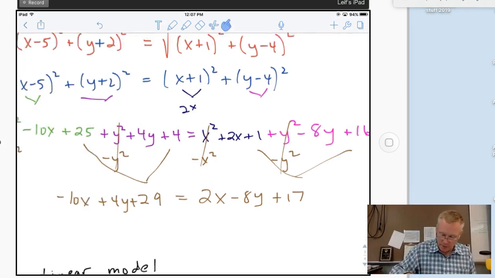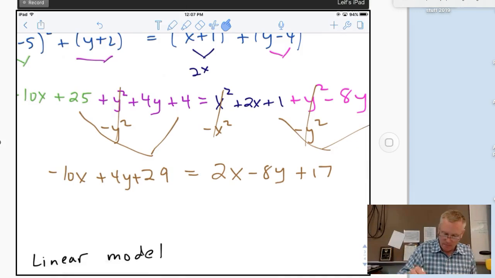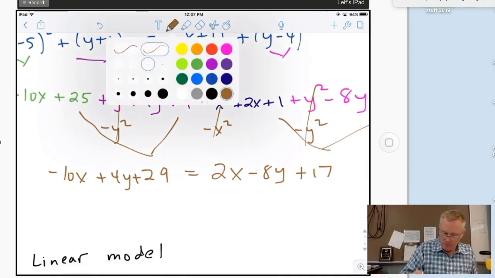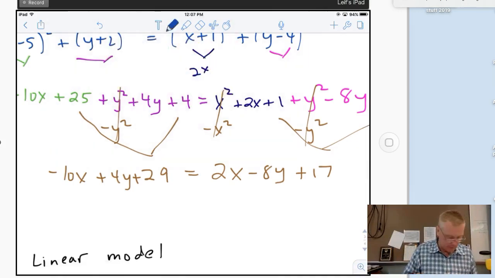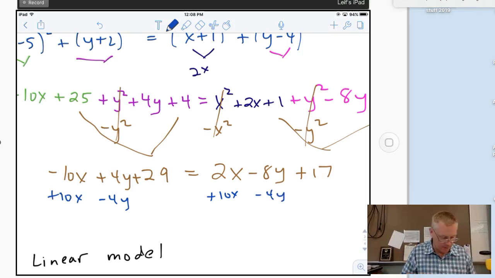Now I can bring all my x's to one side here. Let's see, I will subtract 2x. Actually, I'll add 10x, I'll make them all positive. I will subtract 4y. I'll bring my numbers to the left side.